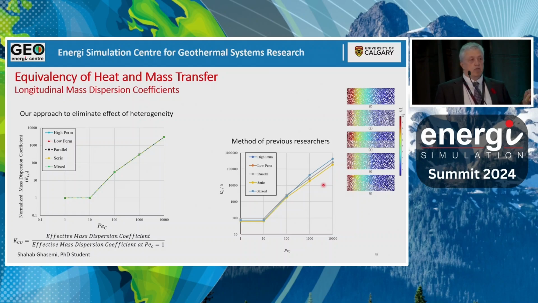The numbers do not collapse because there is a geometry effect that we have to take into account. So we take this and we renormalize it to the property itself when we have the dimensionless number, the Peclet number, equal to 1. Everything collapses, and we get a plot like that.